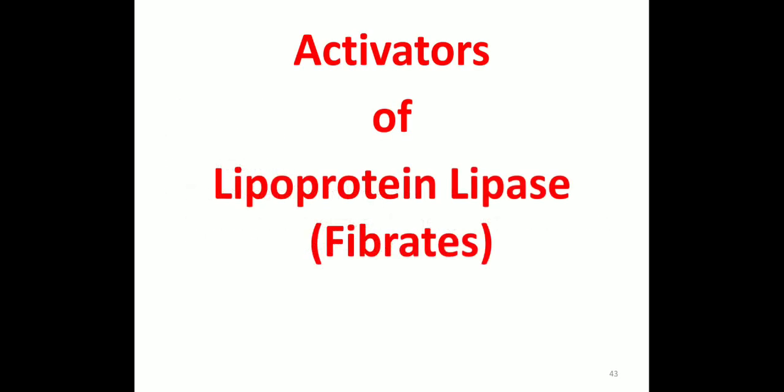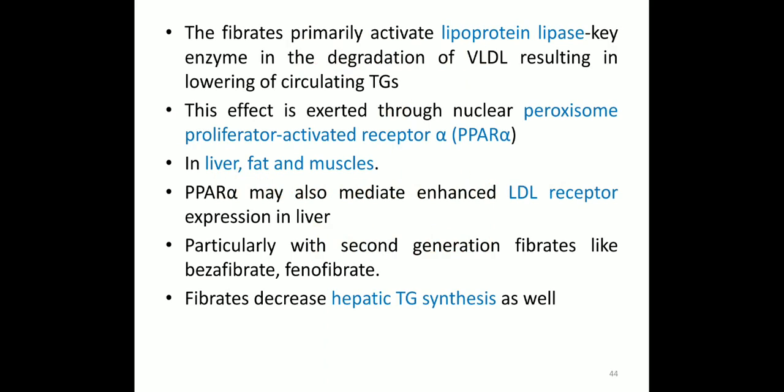The other group is the activators of lipoprotein lipase, the fibrates. This is also one of the commonly used drug groups. Fibrates primarily activate lipoprotein lipase, which is the key enzyme in degradation of VLDL, resulting in lowering of circulating triglyceride.